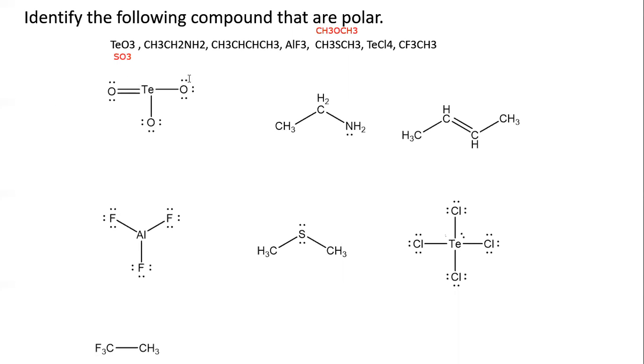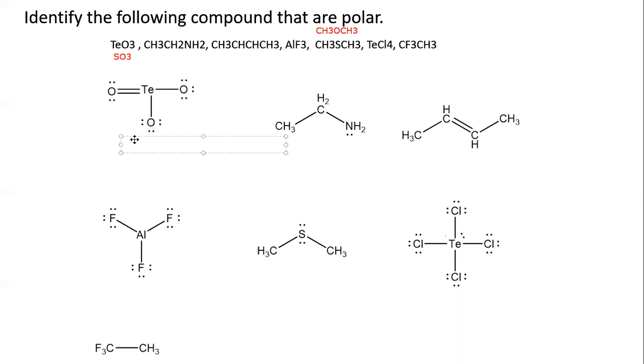Here TeO3 has one double bond oxygen and two single bond oxygens. Now this has resonance, so this double bond can alternate back and forth, and we get three bonding pairs around the central atom.